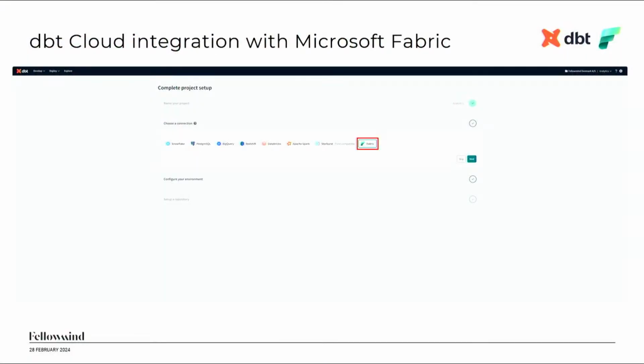But Microsoft and DBT have introduced a new feature on the DBT Cloud platform, where you can now integrate with your Fabric environment. Excellent. So you get the SaaS experience from DBT Cloud, which is a cloud-based platform for developing and scheduling and running the builds of the projects.